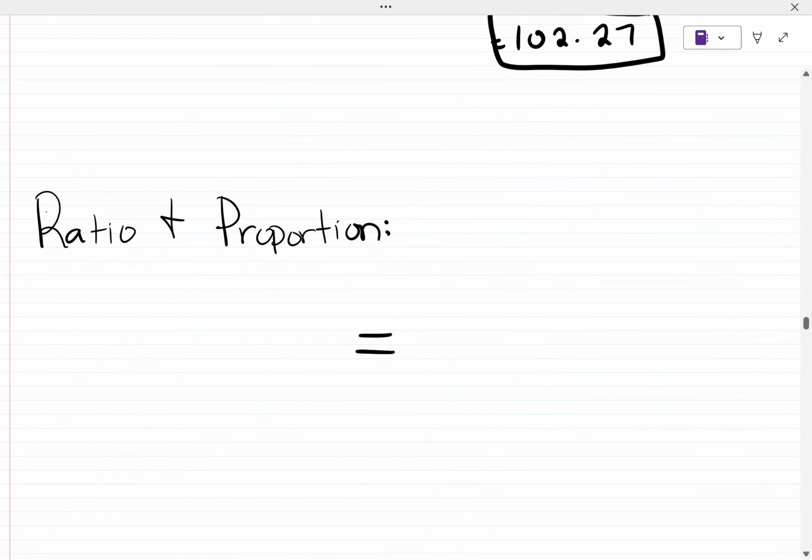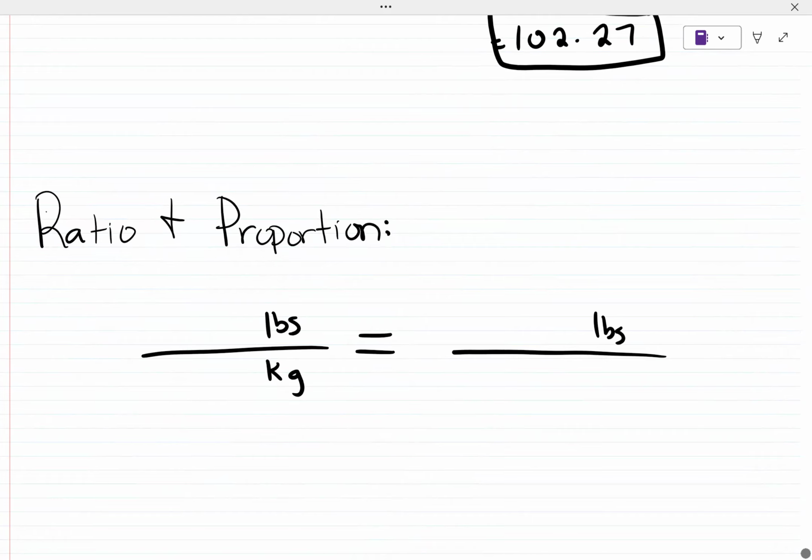Okay, ratio and proportions, fraction, and then you can put pounds on the top, kilograms on the bottom, right? So we were given 225 pounds. Our kilogram was unknown. For 1 kilogram, there's 2.2 pounds.